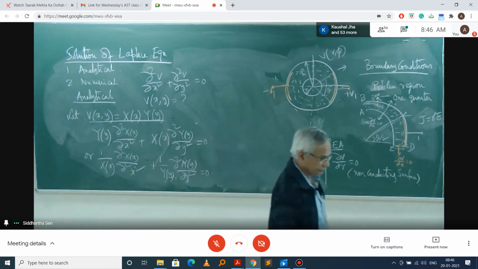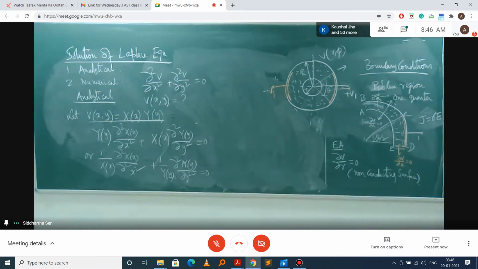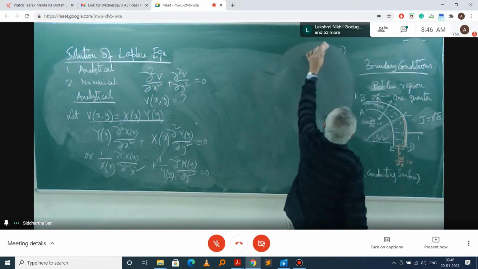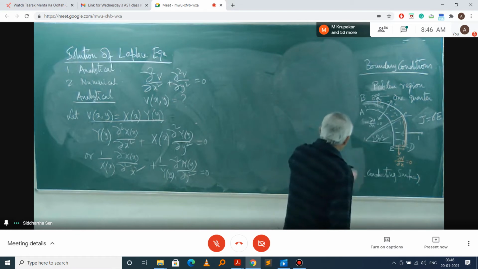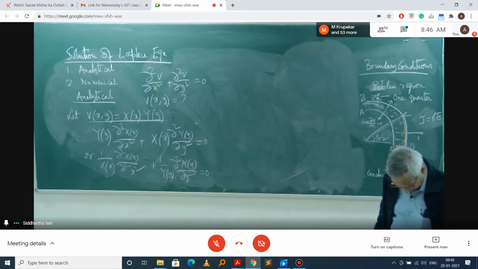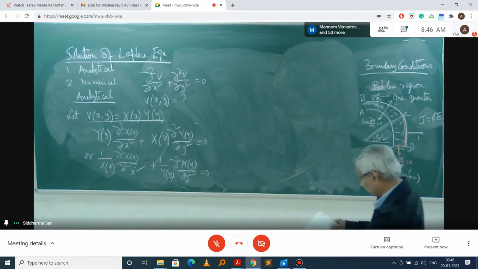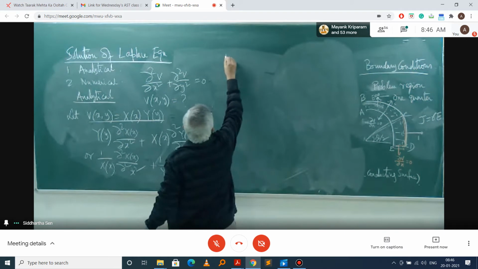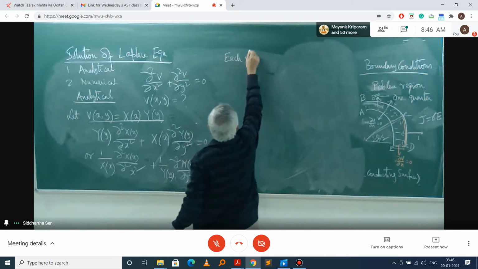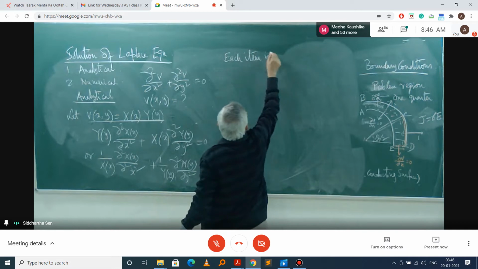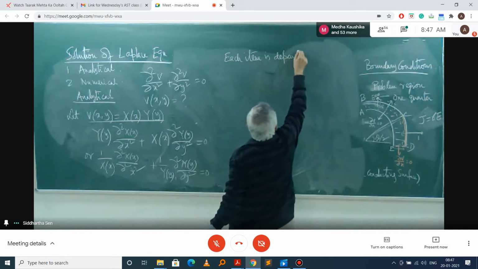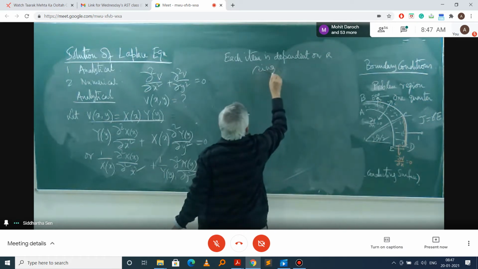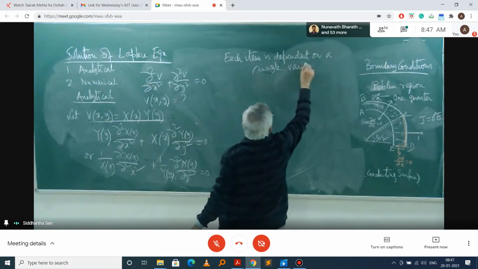Okay. So the point is that we need to satisfy this one. But at the same time, each of the items is dependent on a single variable only.